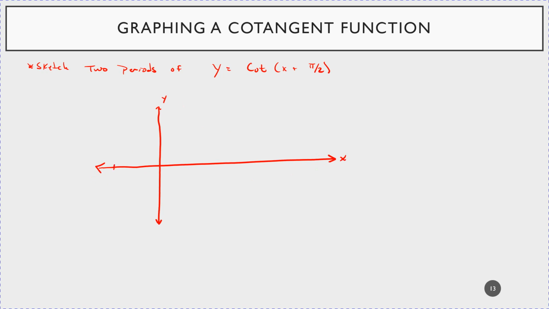All right, so we need to go to negative pi over 2 as the first one, and then pi over 2 is the next one. Okay, so things are going to repeat themselves every pi, right? So another pi from this. So pi over 2 plus pi is going to give me 3 pi over 2 as the next vertical asymptote.